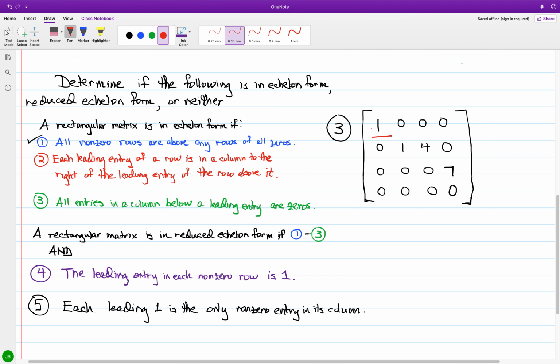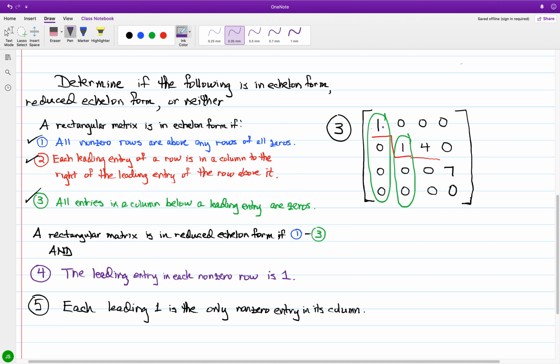Leading entry is 1. Next leading entry is 1. So that is satisfied. All entries in the column below a leading entry are zeros. So that is satisfied. So at least we have an echelon form.